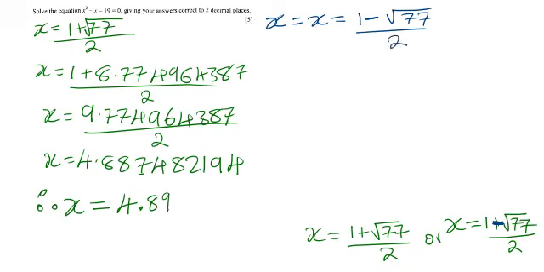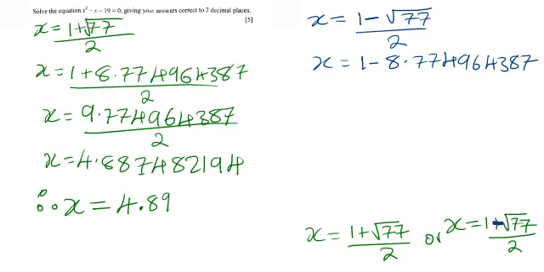Therefore x will be equal to 1 minus the root of 77, which is 8.774964387, everything divided by 2.